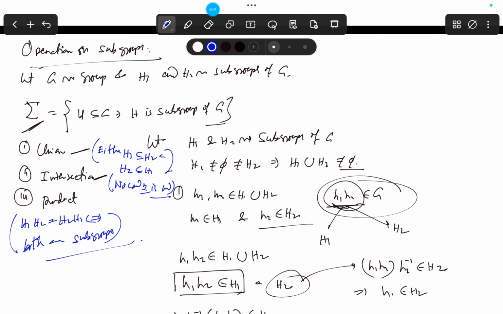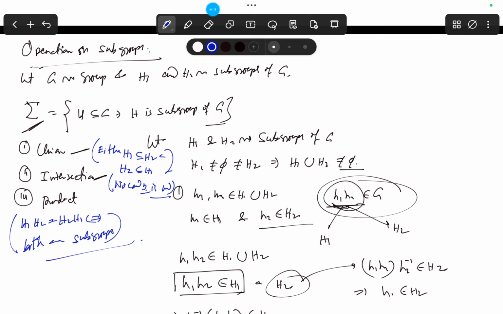Okay, so these are the operations on the subgroups you can do, and of course you need to satisfy the conditions for each of the operations, and that will make sure that the result you are getting will be again a subgroup.